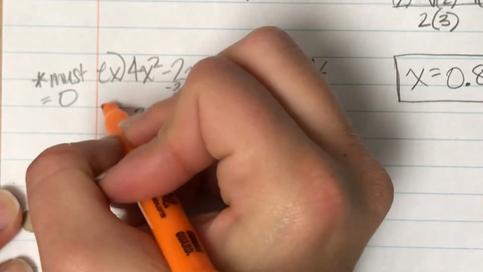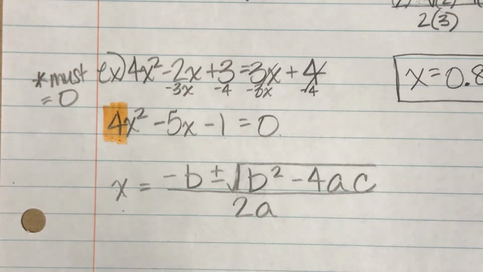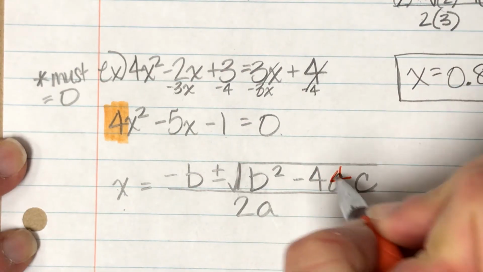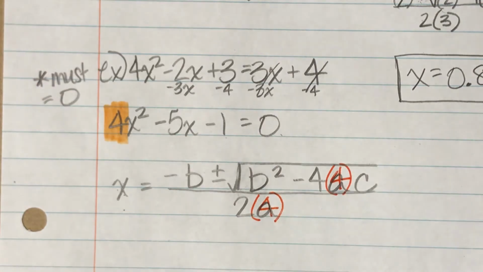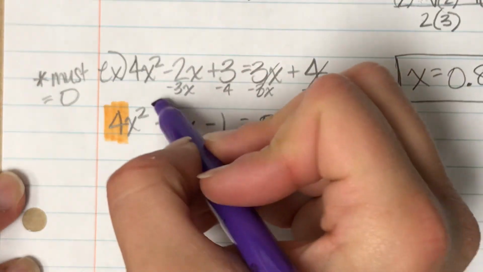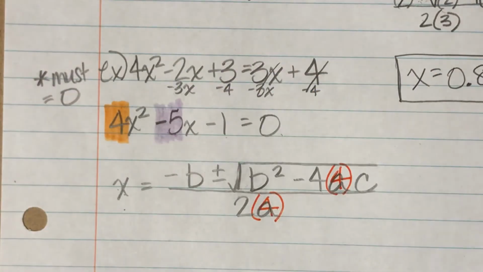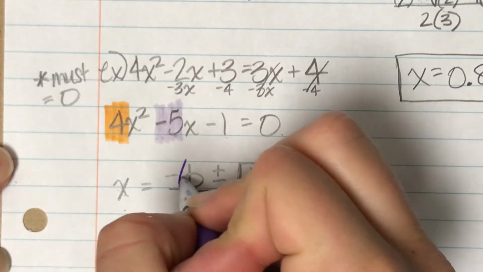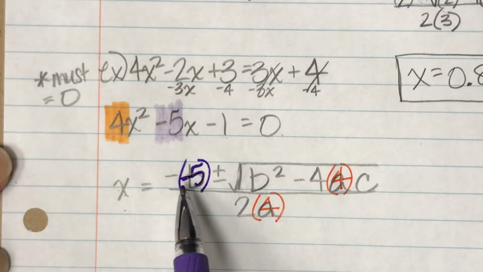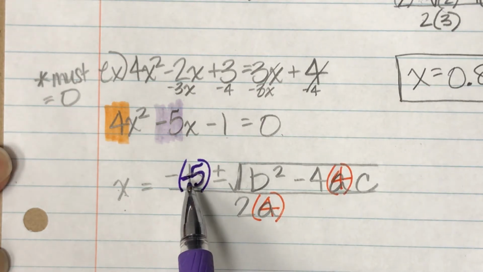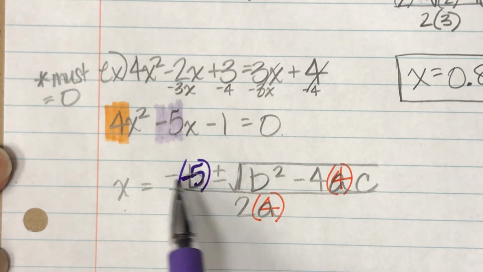So a is 4. I'm going to plug in a 4 for both of those a values in parentheses. B is negative 5. So you end up with kind of this weird situation in the front where the formula has a negative, but then your b value is also a negative. So when I type this in, I'm going to say negative 5.